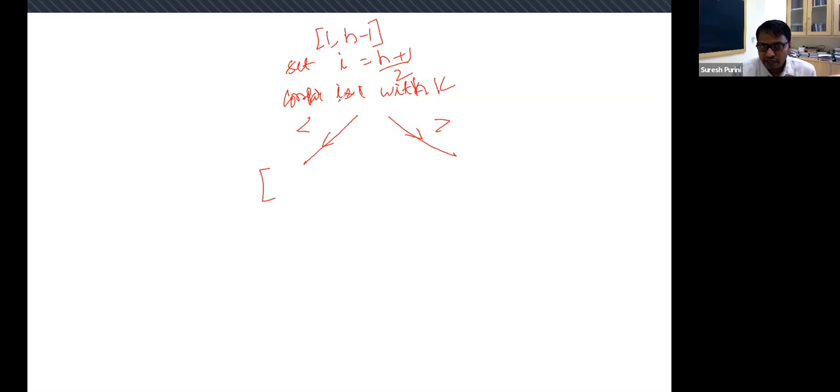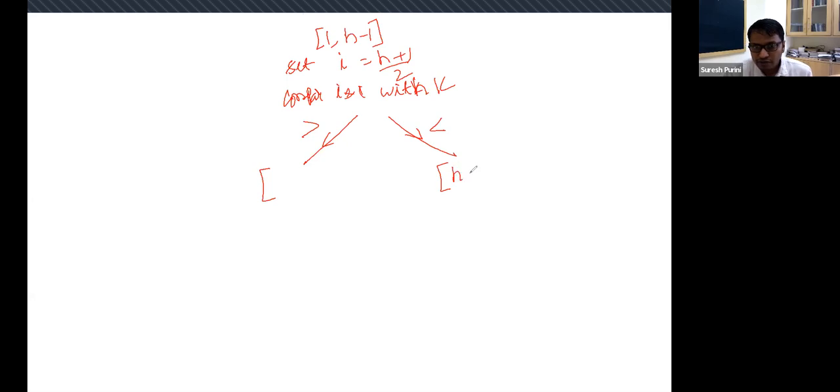If I star I is less than k, what will the estimate be? Did we overestimate or underestimate I? If I star I is less than k, we have underestimated I. So what will be the new estimate for I?